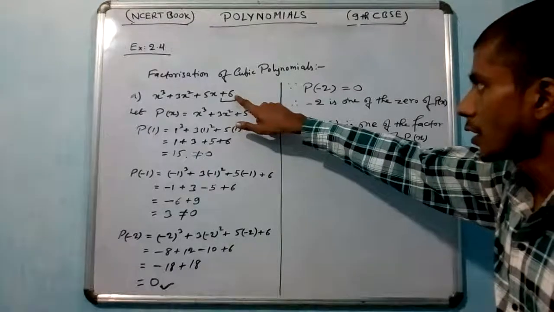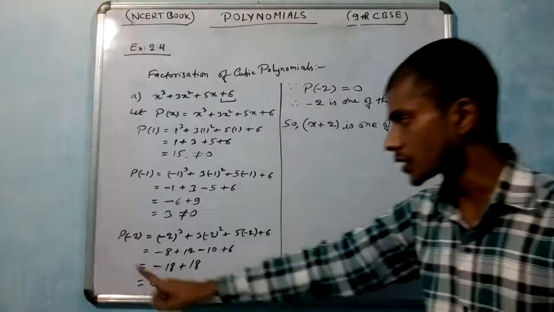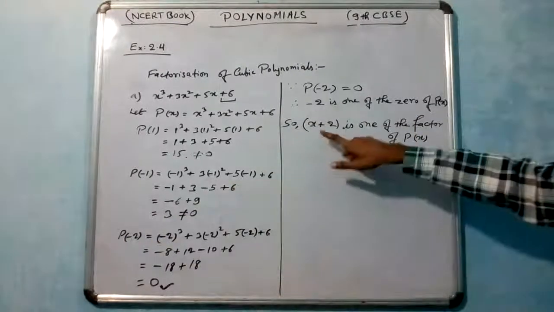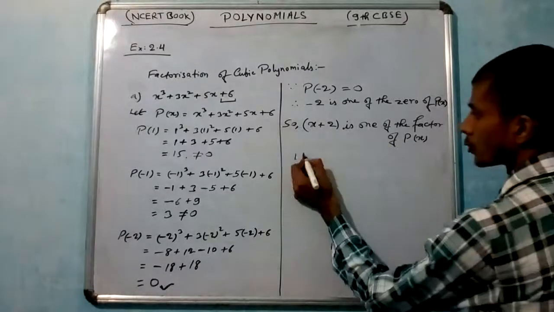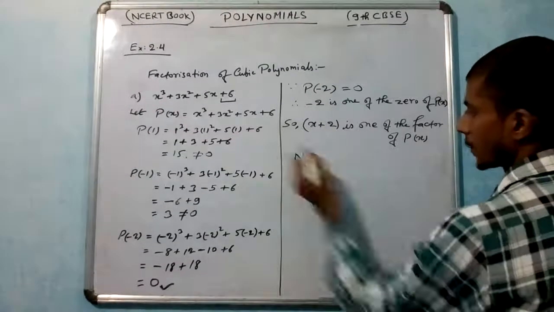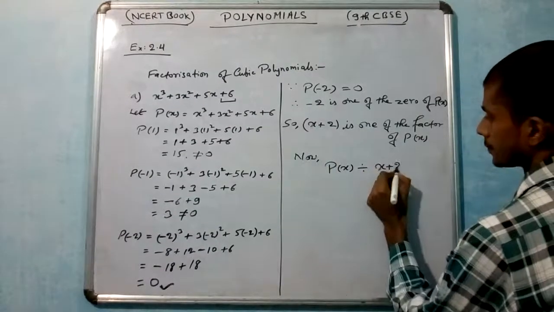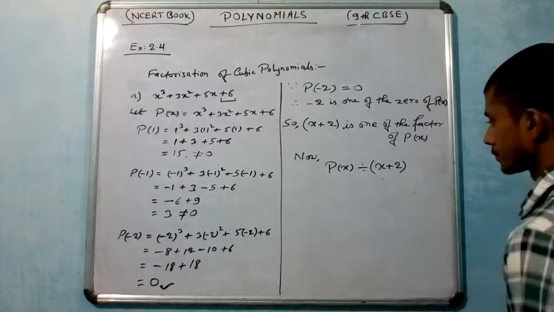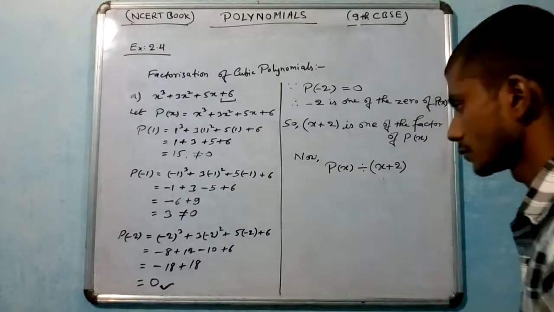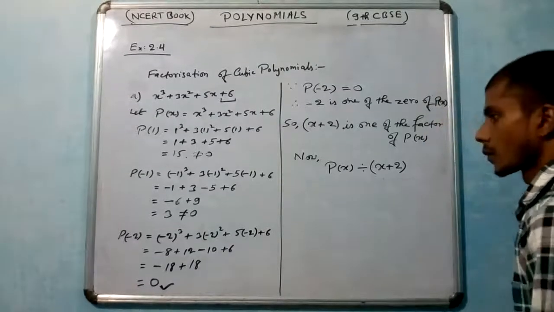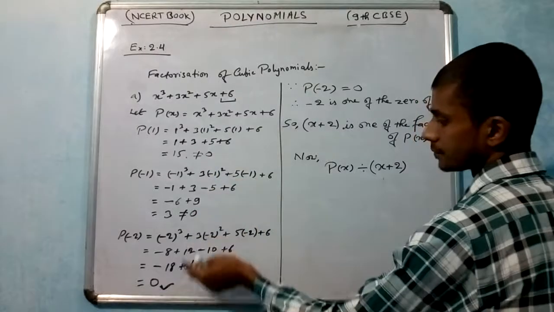So from this constant we got the possible factors. From the possible factors we found one of the zeros. From one of the zeros we found one of the factors. Now what we will do? Now we will divide that p(x) by one of the factors. What are these?